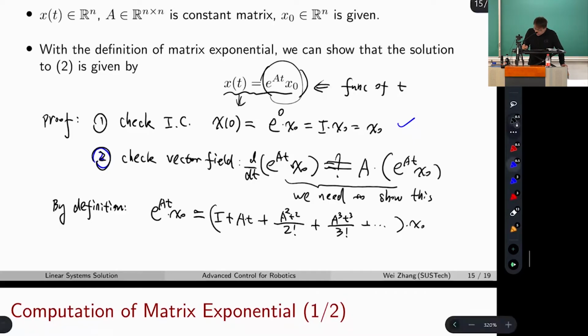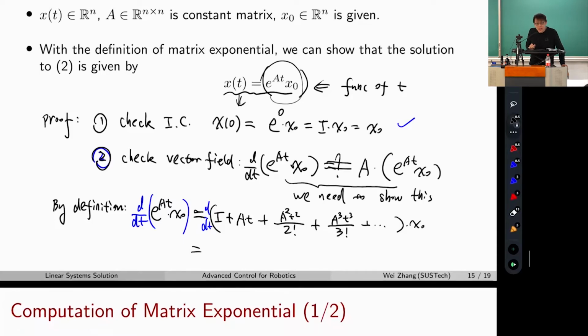Okay, we want to take derivatives. Now let's take the derivative d/dt. Do you know how to take a derivative with respect to t?